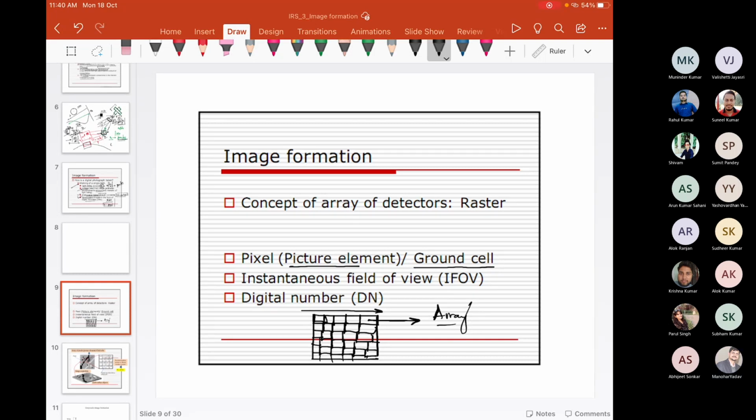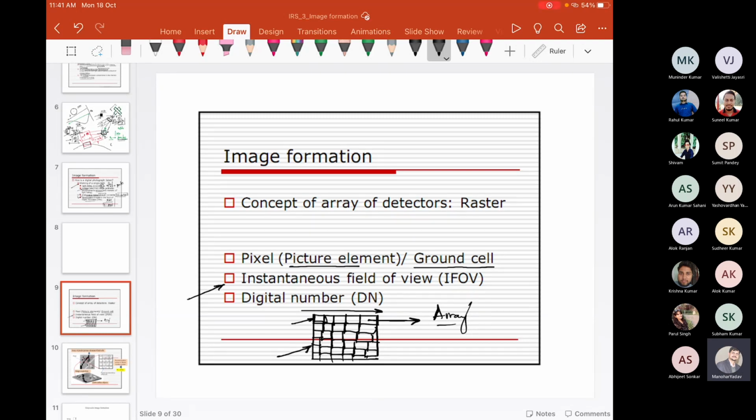Then we consider the geometry of the sensing system with respect to the area that is to be sensed from the ground. To understand that geometry and how one ground resolution cell is imaged, there is a terminology we use to define it.